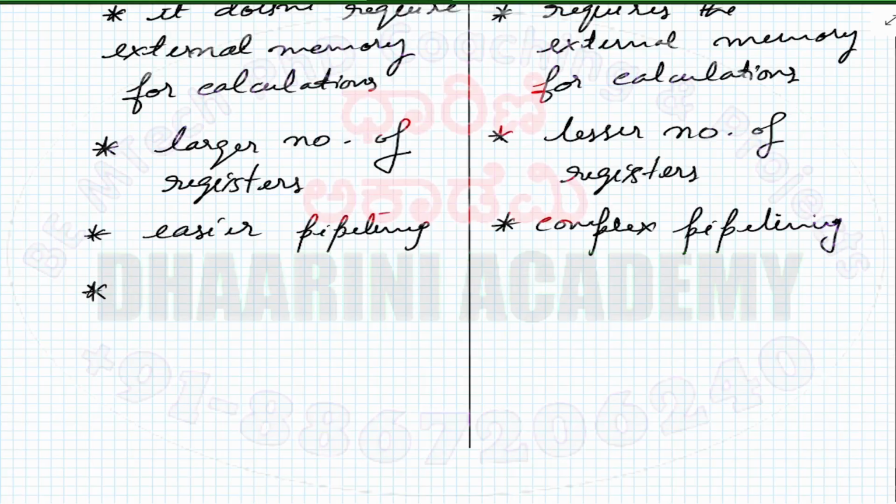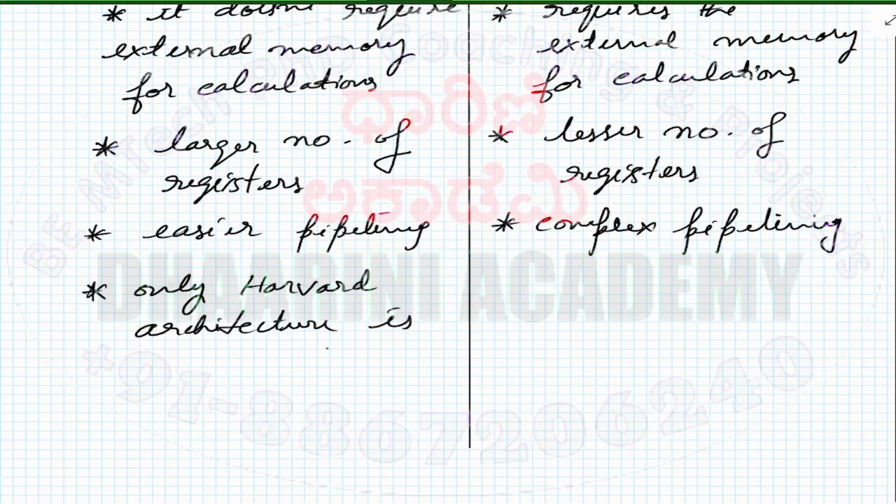We will see another concept immediately after this, but before that, we need to use the word in the comparison. So RISC actually supports only what is called the Harvard architecture. Only Harvard architecture is supported.